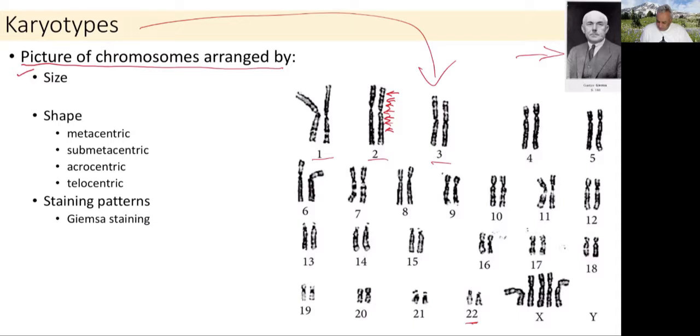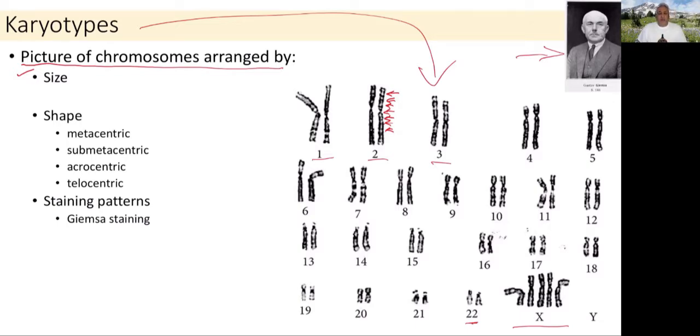And then, of course, the sex chromosomes are placed last in the karyotype. Now, in this particular figure, you can see there's something different about the number of X chromosomes. This karyotype was taken from a mutant cell that had an excess of X chromosomes. We'll come back to that in a different video.